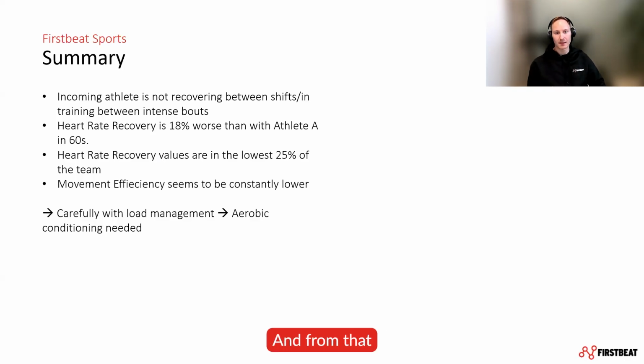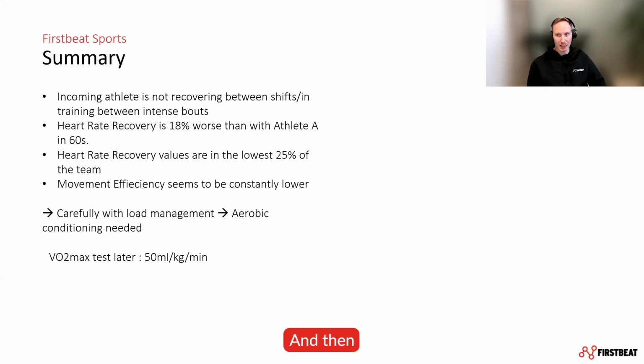From that, the S&C coach concluded that with this athlete we should be careful with load management, and aerobic conditioning is needed, especially because he's a talented player playing high minutes, but the aerobic condition seems to be in a poor state.